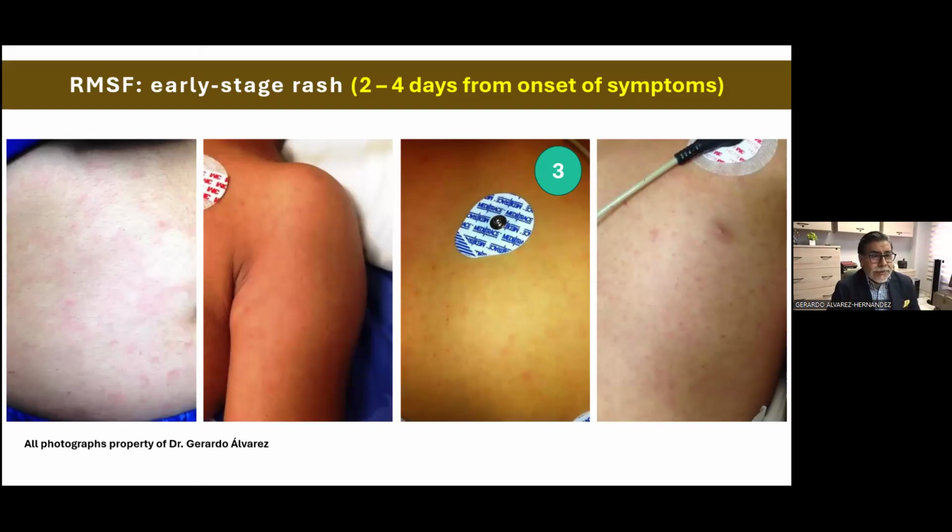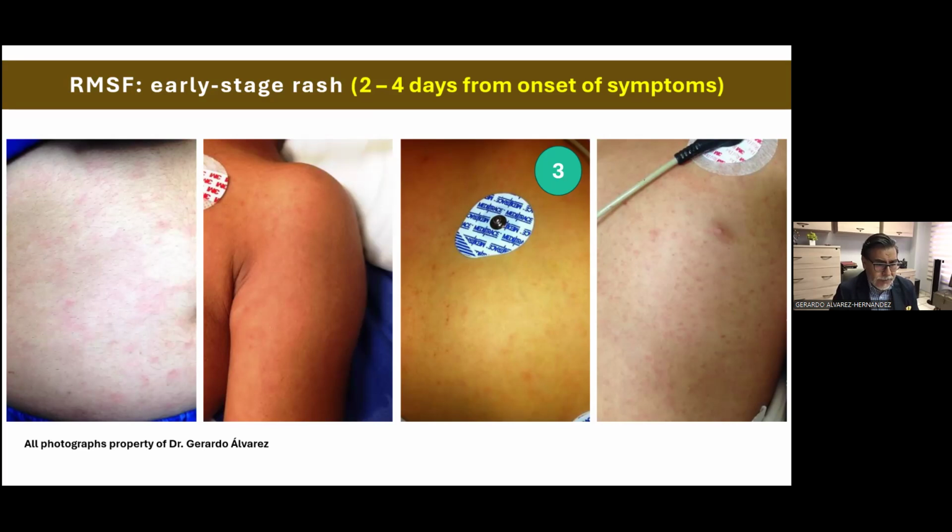I want to show you now the typical expression of the rash in the early phase of the disease. When we talk about the early phase, usually we are talking about the first 2 to 4 days from onset of symptoms.